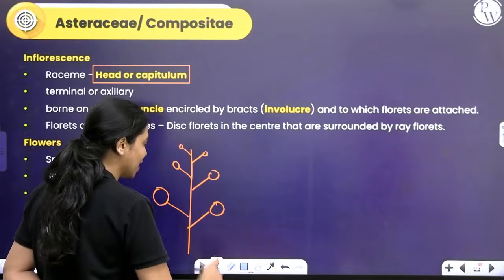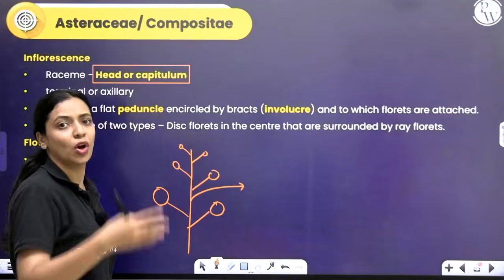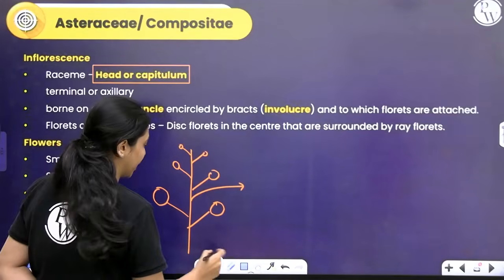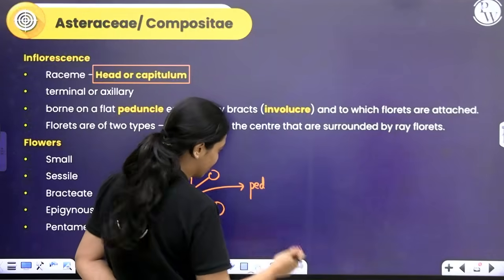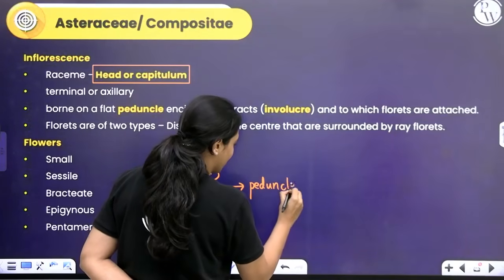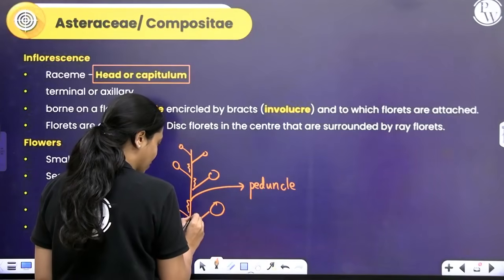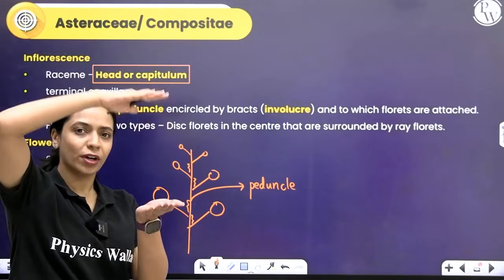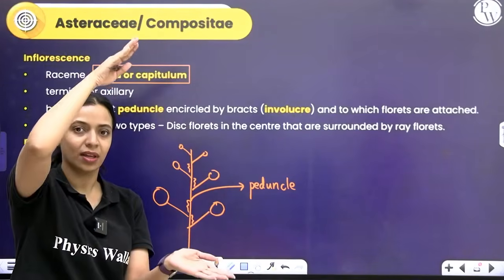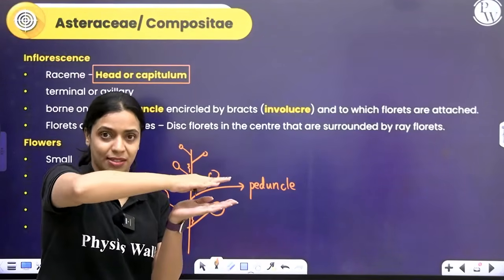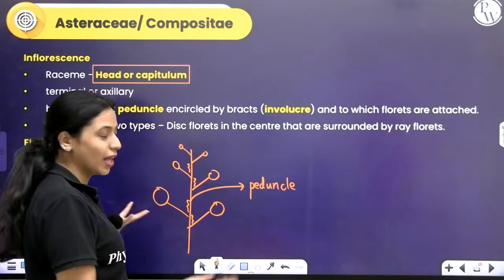Now imagine that this floral axis, or the stalk of the inflorescence, is called the peduncle. So imagine that these regions between flowers become super compressed, super compact. If all of these segments are condensed, become shorter, what would happen?